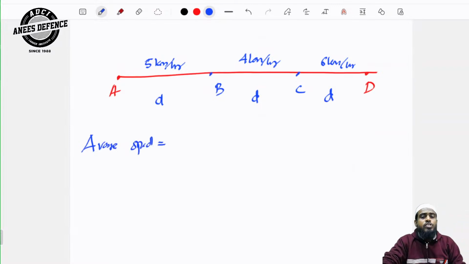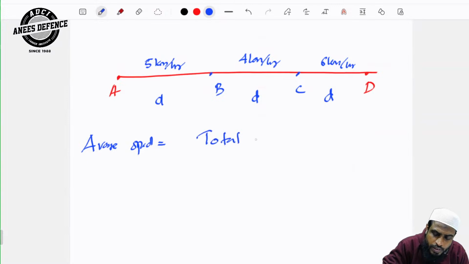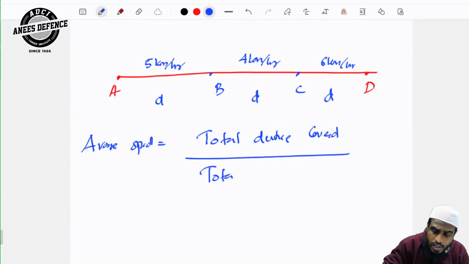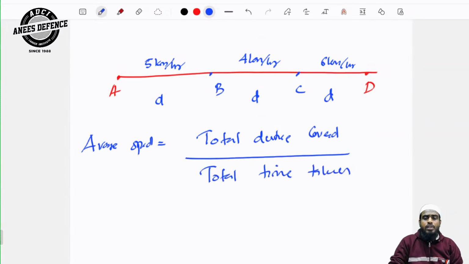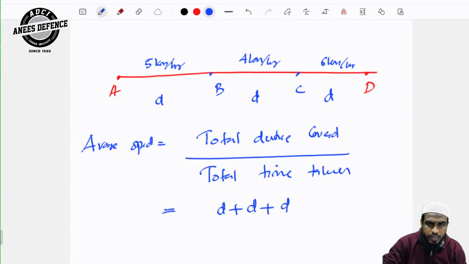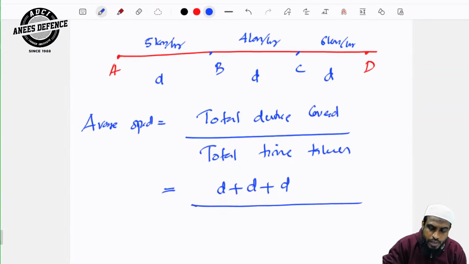So you have to calculate the average speed. The basic formula is total distance covered by total time taken. What is the total distance? D plus D plus D. What is the total time taken?